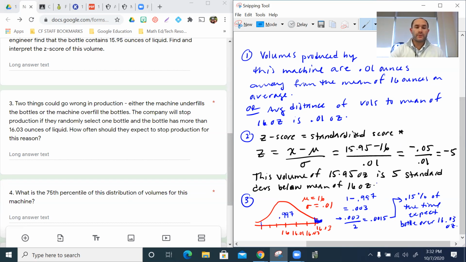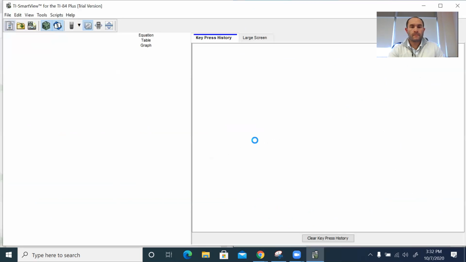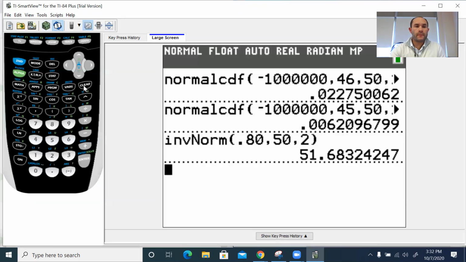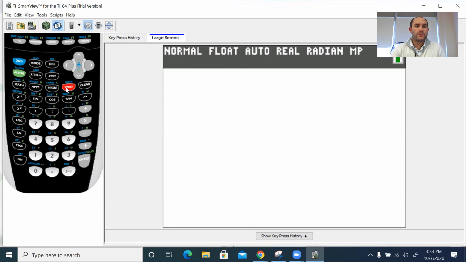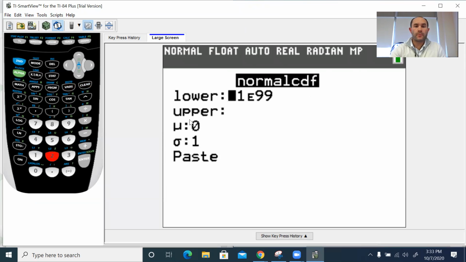Second way to do this is using your calculator. To use your calculator, you go to second, distribution, and normal CDF to get the probability or the proportion. Your lower bound was 16.03. Upper bound is infinity, so we just use a really big number.